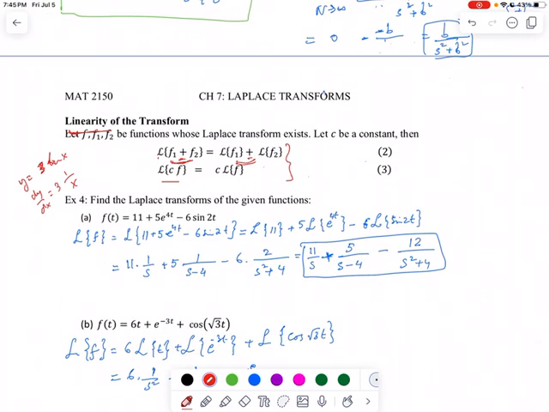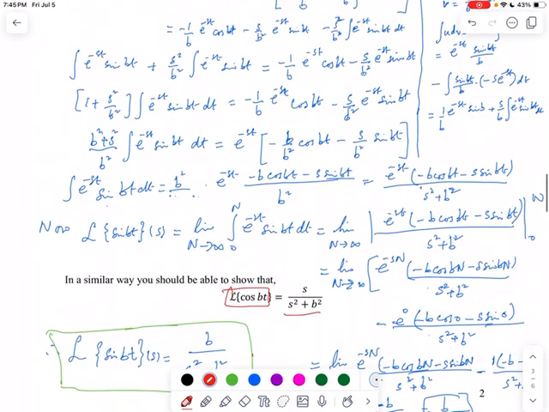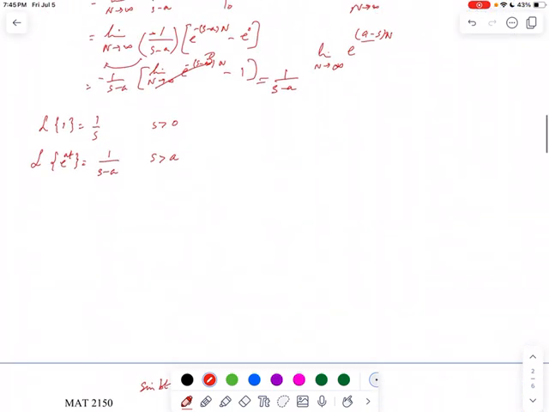So find, example 4, the Laplace transform of the given function. Here you are given a function which is a sum or difference of a bunch of functions, and you can see there are numbers in front. By the way, how will you use the other one that we did?